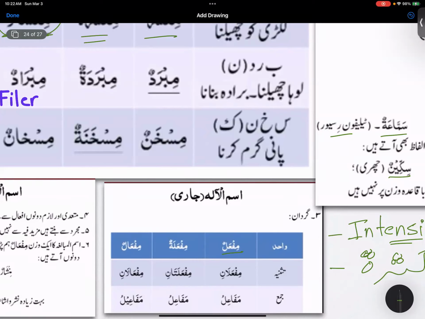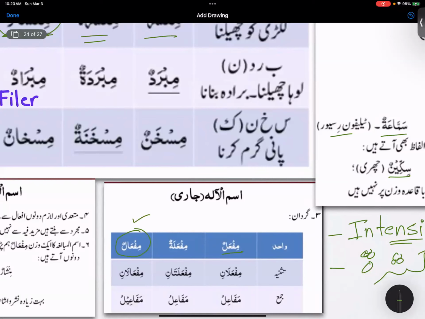Can we make it plural? Doesn't matter what pattern it is following, all their plurals would be on the mafa'il pattern.